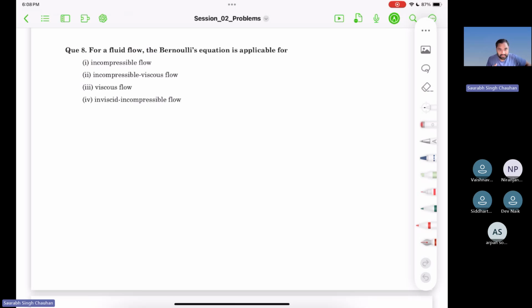So it is not applicable when the viscosity is dominating, and it is also not applicable for compressible flows. So it is applicable when the flow is incompressible and inviscid. Fourth option.